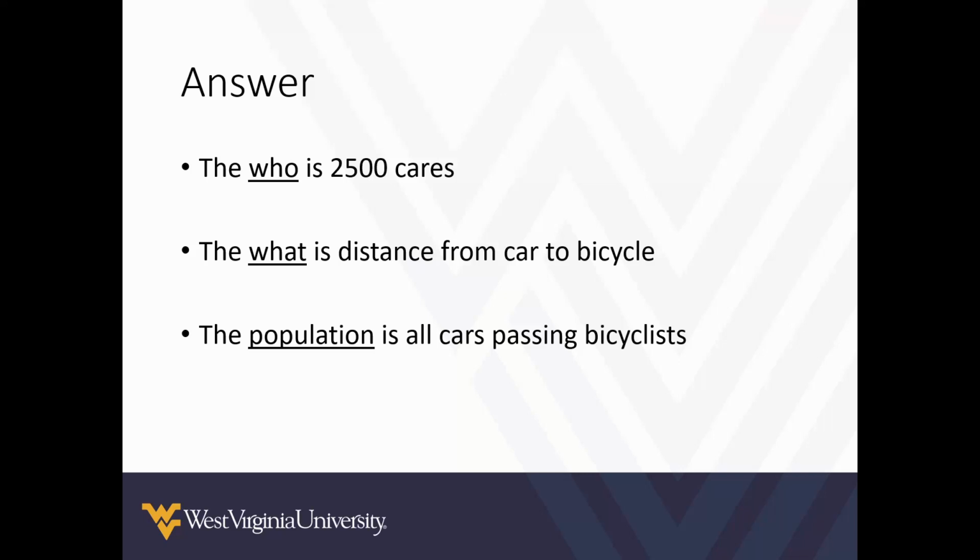I see I've had a couple typos here. So who is the 2,500 cars? What is the distance from car to bicycle? So again, who is being studied, what is being measured. Our population is all cars passing bicyclists.